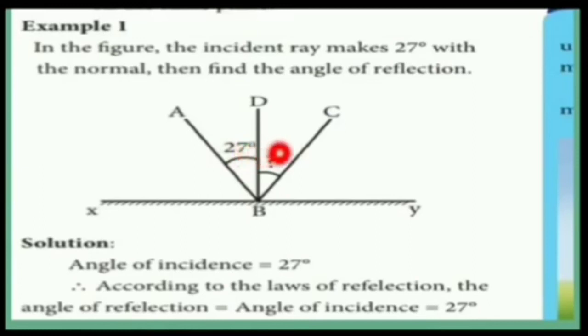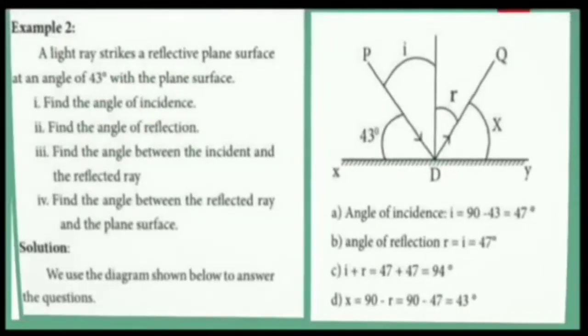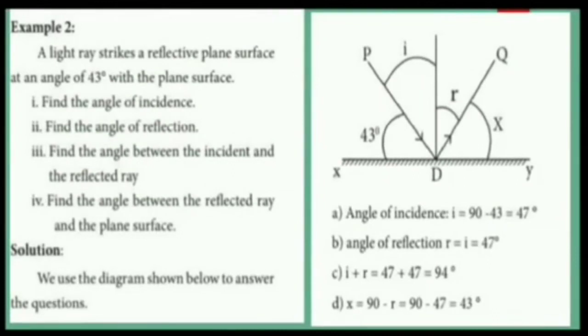We find the value of the angle of reflection. According to the laws of reflection, the angle of incidence is equal to the angle of reflection. So the answer is angle R is equal to 27 degrees.